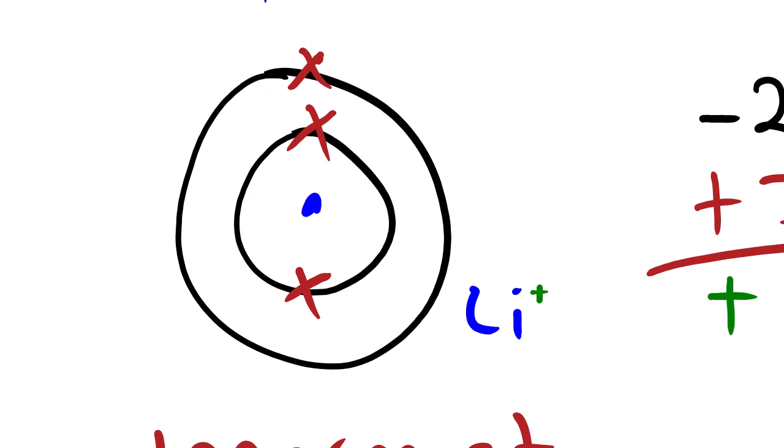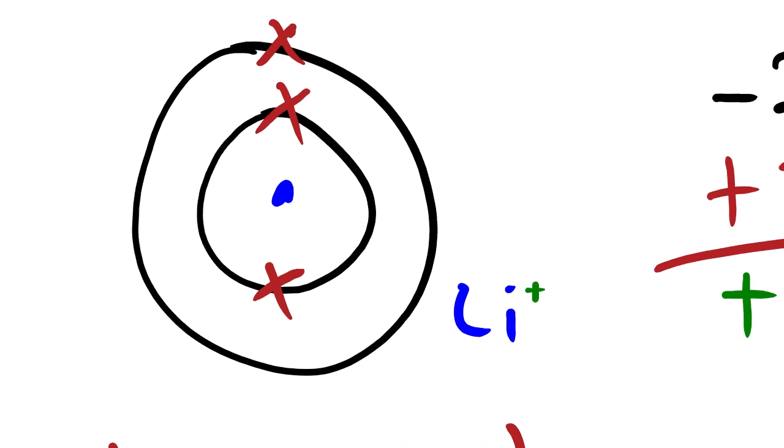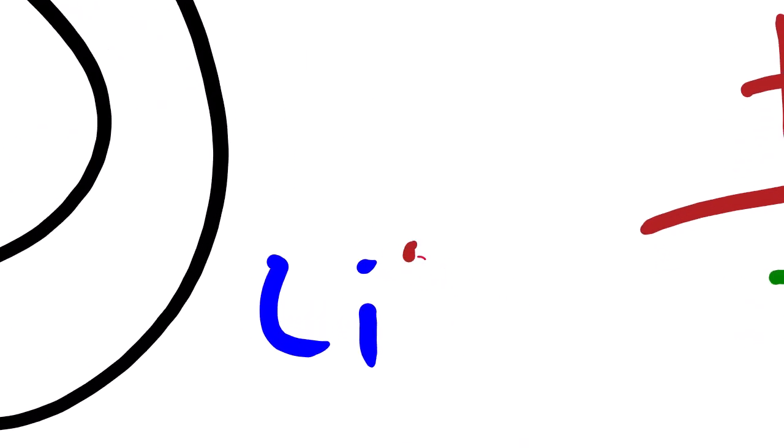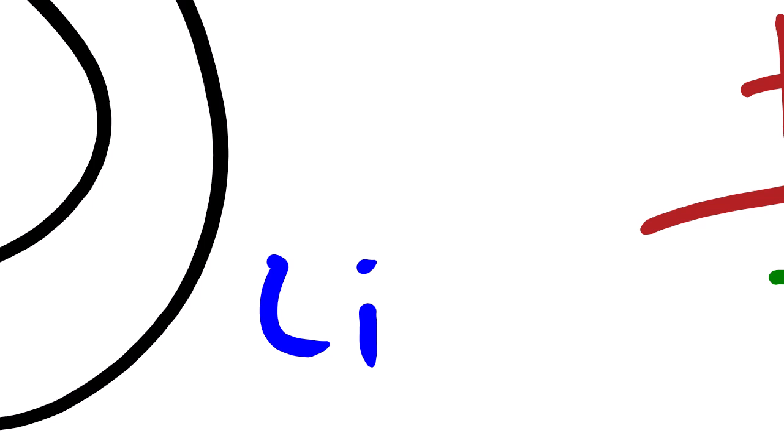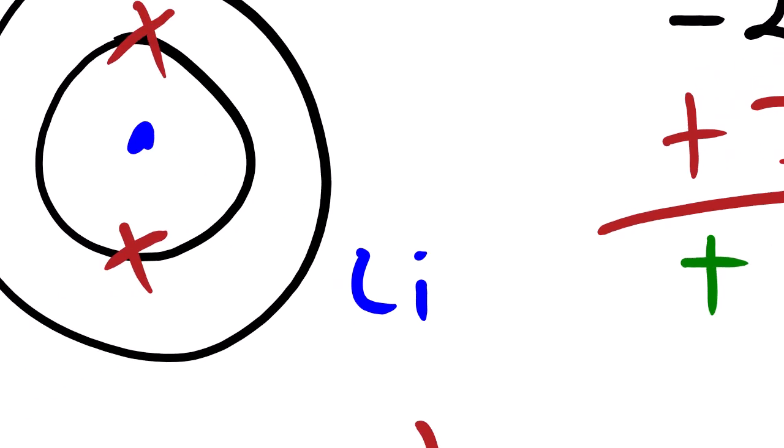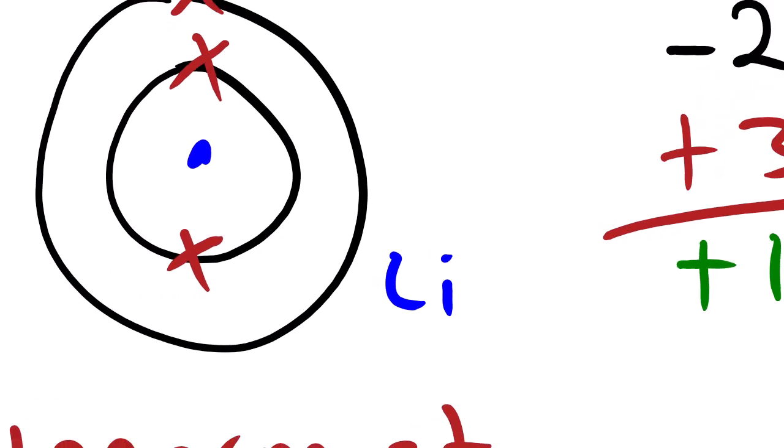Then everything will cancel. The negative will cancel the positive. Then there will be no positive charge. We have only 0, and we don't write 0, so we just leave it as lithium. This tells you that yes, this lithium is neutral because the net charge is 0. The 3 protons with positive charge are cancelled by the 3 negative charges in the shells.